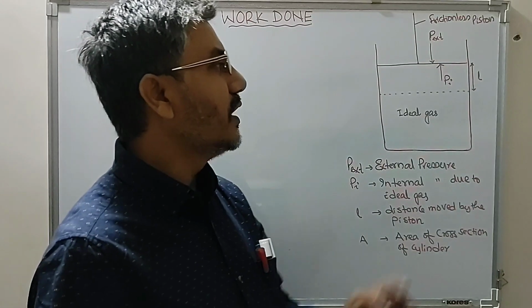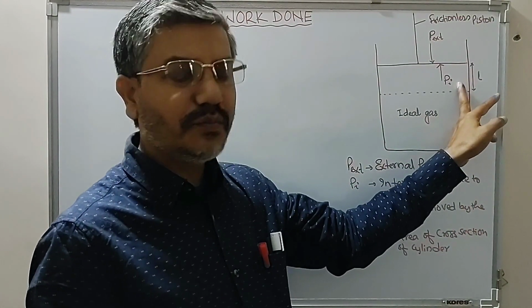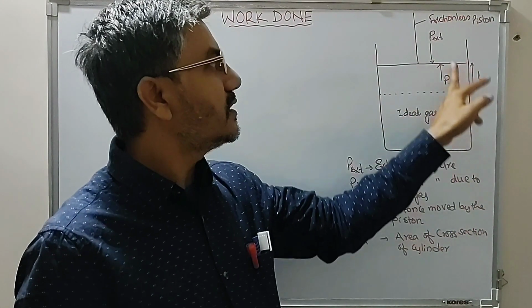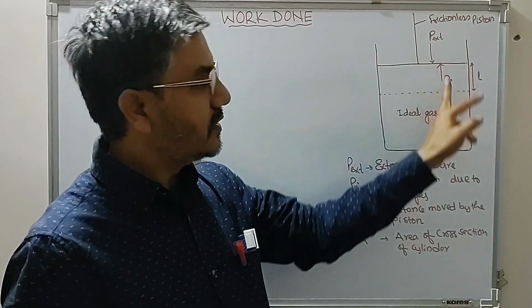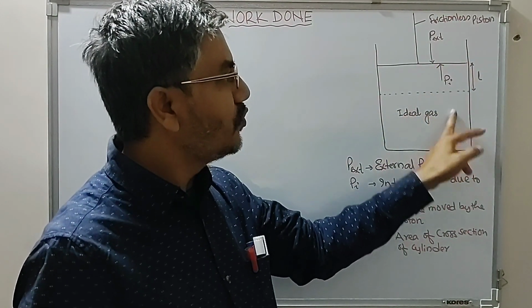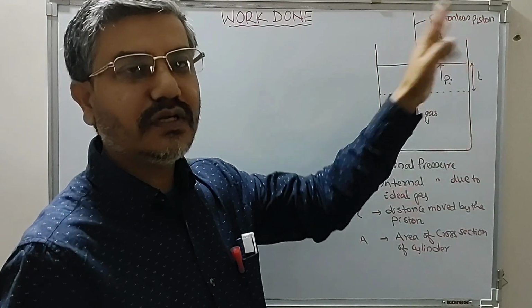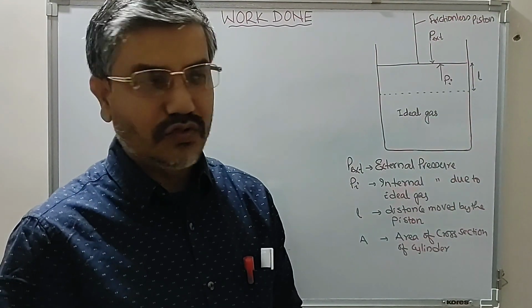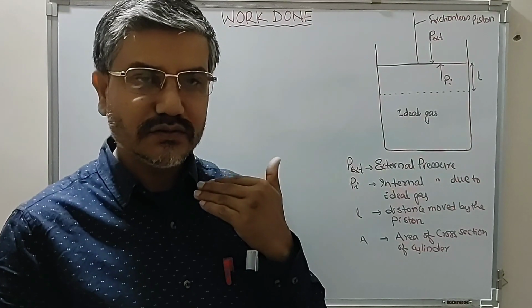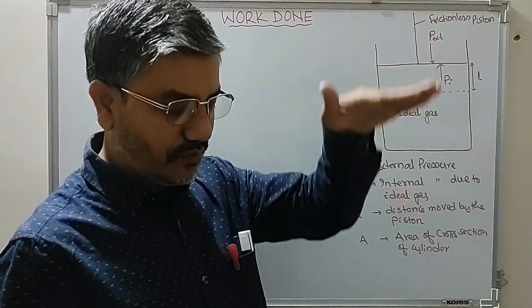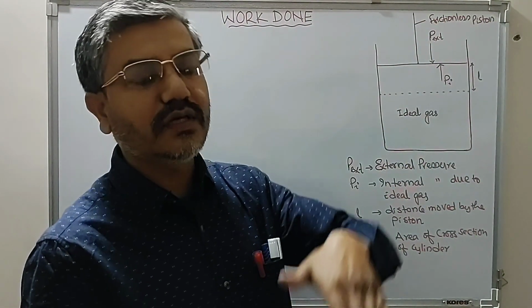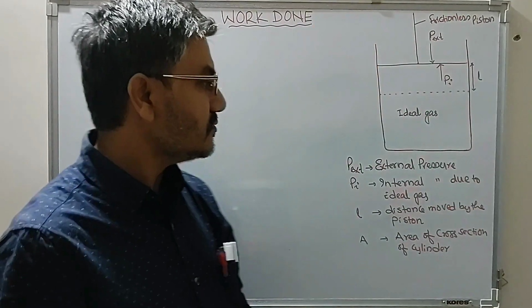Or if the internal pressure is greater than external pressure, then the piston will move upward till both the values are equal. So depending on the external pressure, it can move downward or it can move upward.